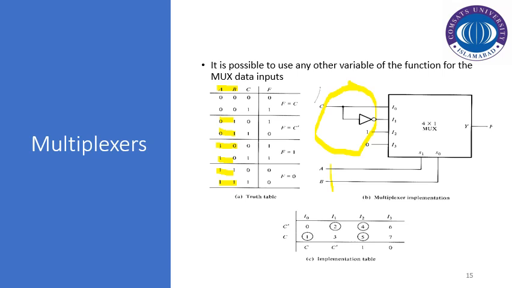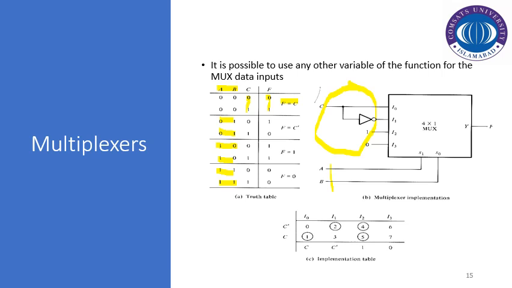So if we see for the first pair, the value of c is 0 and 1, and f is also 0 and 1, which I can clearly say that f is equal to c. If c is 0, f is 0. If c is 1, f is 1. Then I can clearly write that f is equal to c.